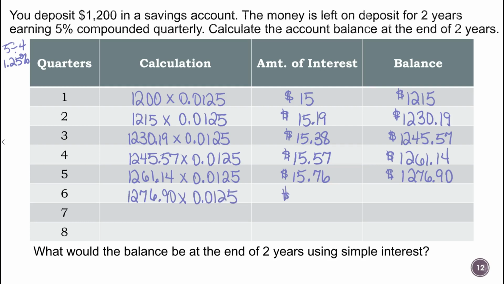And that gives us 1596. And our new balance then is 1292.86. We added that to the 1276.90. Calculate our new amount on our balance.